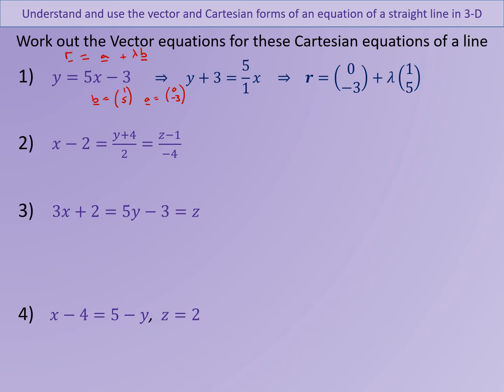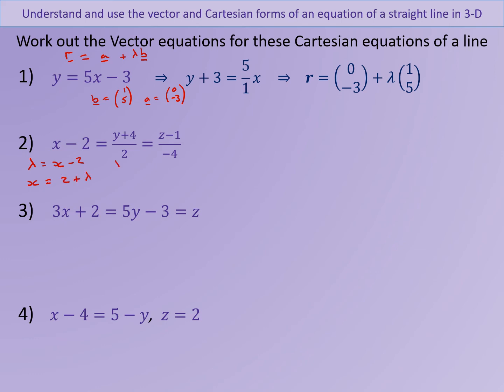So for number 2, there are 2 ways you could solve this to find the vector equation. The first way would be to write each of the components as lambda. So the first one, lambda equals x minus 2. So rearranging that gives us x equals 2 plus lambda.